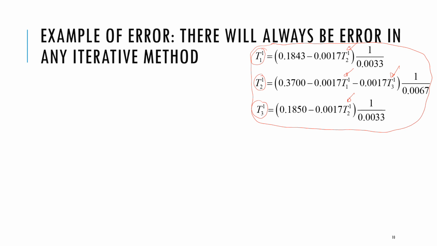So what would be a good guess for the right-hand side? This can come from many different sources. It may not even be possible for us to have a very good initial guess, and that's not what this method depends on. This method does not depend on a very good initial guess.